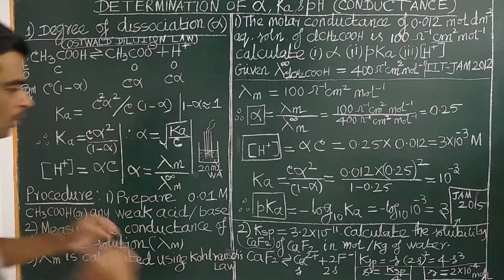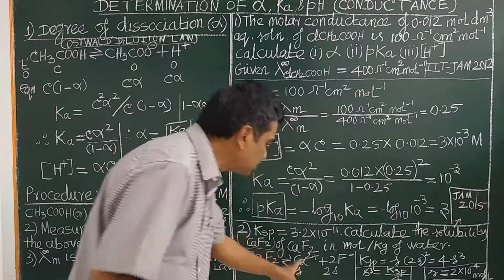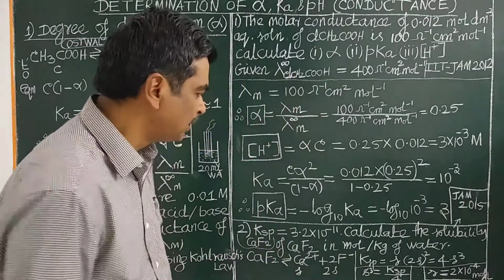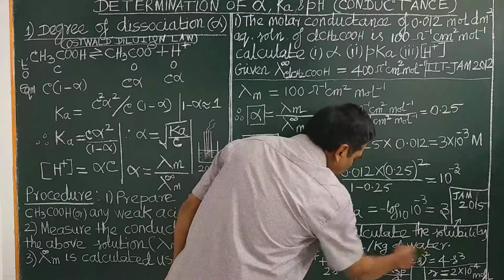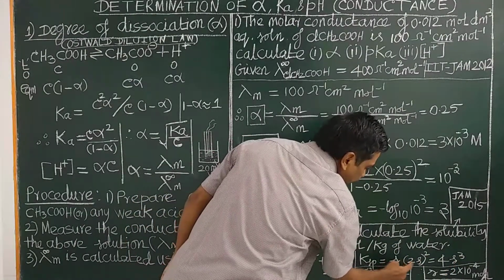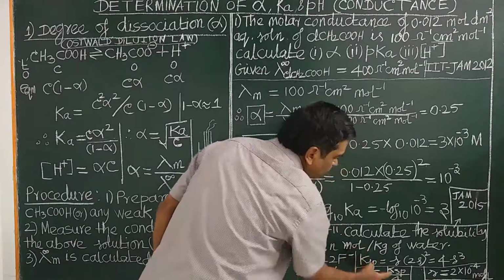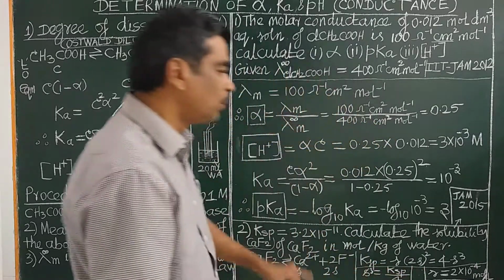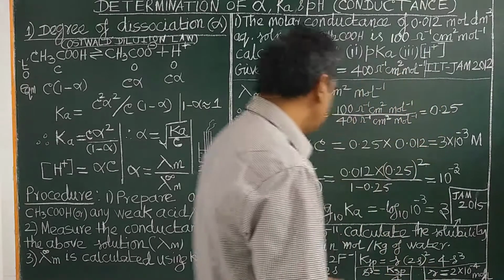If S is the solubility of calcium fluoride, then S moles per liter of calcium ion and 2S moles per liter of fluoride ion will be there. Using the formula Ksp equals S into 2S whole square, which is 4S cube, so S cube equals Ksp divided by 4. On substituting the value of Ksp by 4 and taking the cube root, you will get S equal to 2 into 10 to the minus 3 moles per liter.